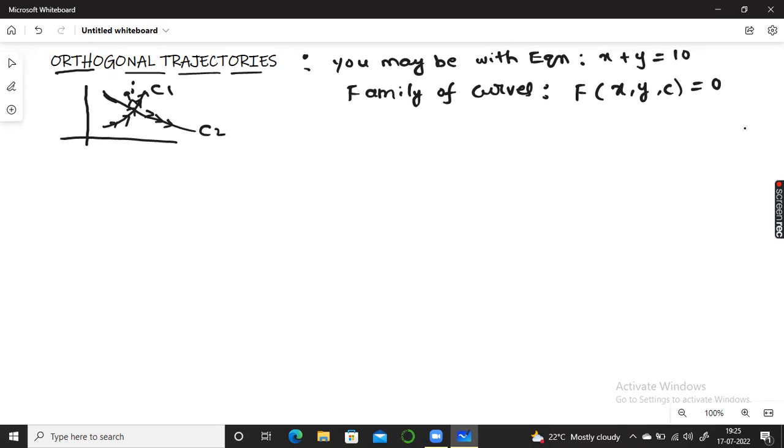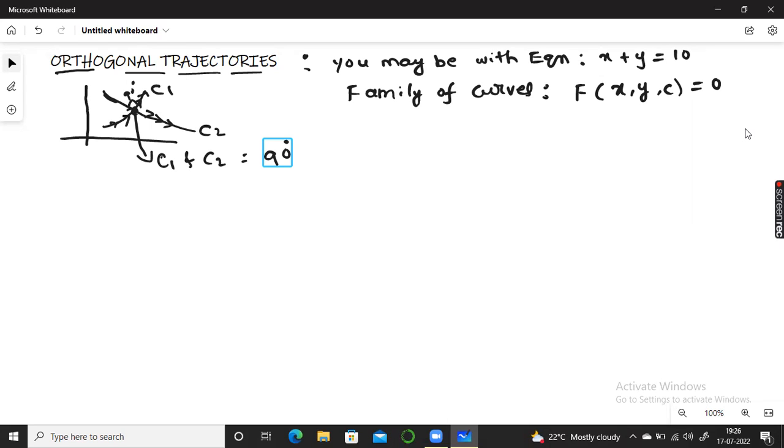The angle between C1 and C2 at this point is 90 degrees. You will be given the C1 equation or curve, and you have to find the curve C2 which cuts C1 at 90 degrees. That is what we call orthogonal trajectories.